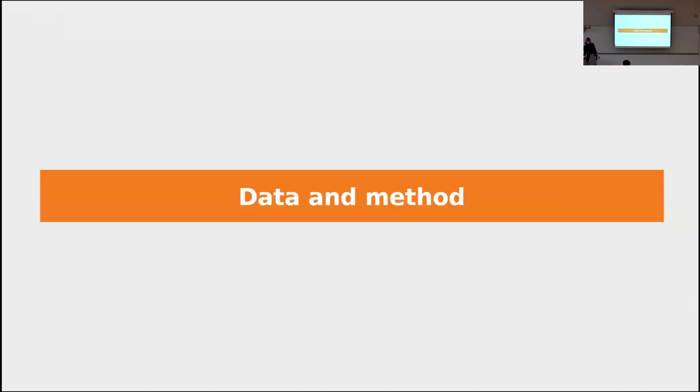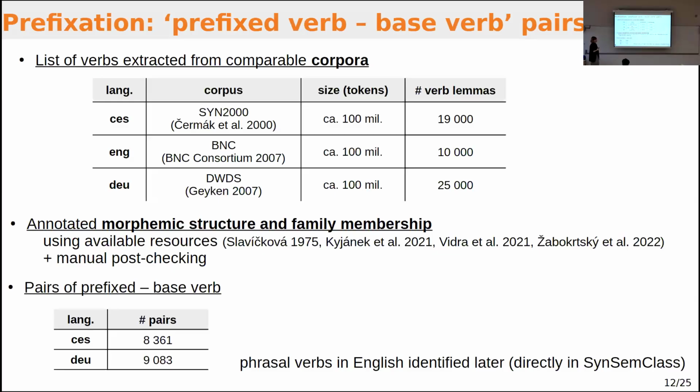Okay, so now that I described the general issues and goals, I will talk about the data and method. So first of all, if we want to compare the verbs across languages, we need a comparable verb list. So for the 3 languages, I extracted a list of the verb lemmas from 4 corpora that are comparable in terms of their size.